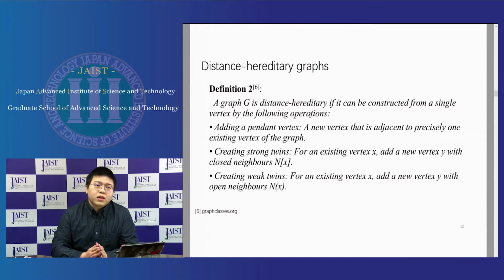The second is strong twins: for an existing vertex X, we add a new vertex Y with the same closed neighbors. Here closed neighbors means all the vertices adjacent to vertex X, including vertex X itself. The third is weak twins: for an existing vertex X, we add a new vertex Y with the same open neighbors. Open neighbors are also all the vertices adjacent to vertex X, but without vertex X itself.